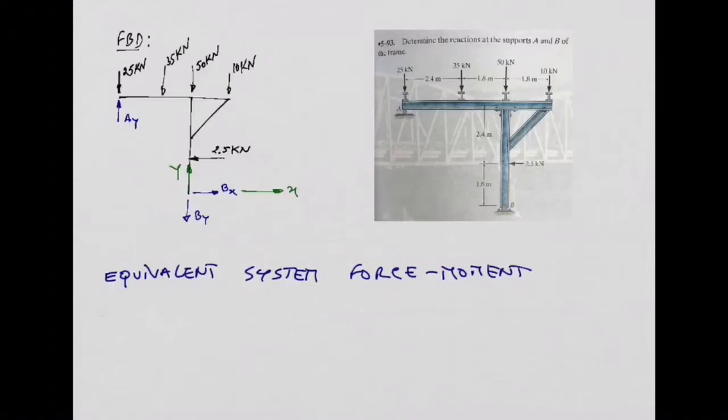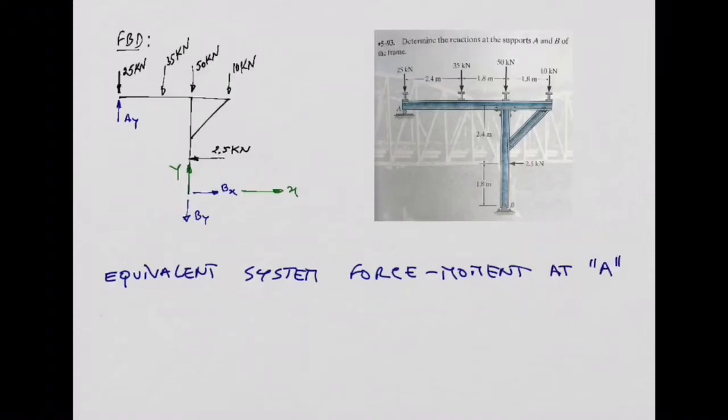Because as you can see in your free body diagram, we have forces applied at different points. So we need to make an equivalent system where everything is concentrated at one single point. And that point can be any point you want. You just choose. Which point do you want? Point A, point B? Point A? Okay, so let's build the equivalent system force moment at A.